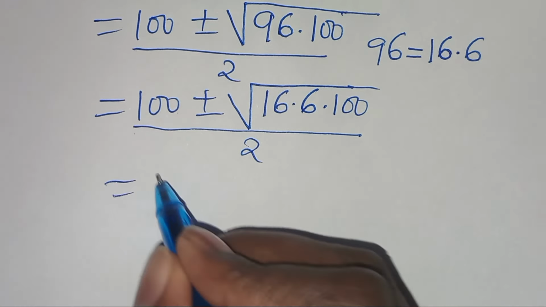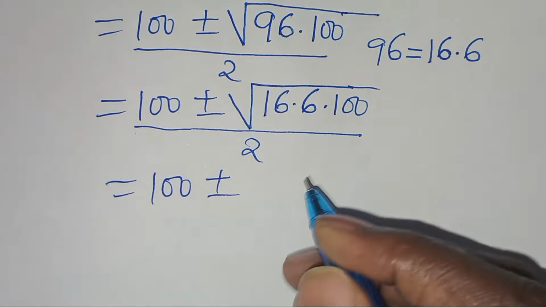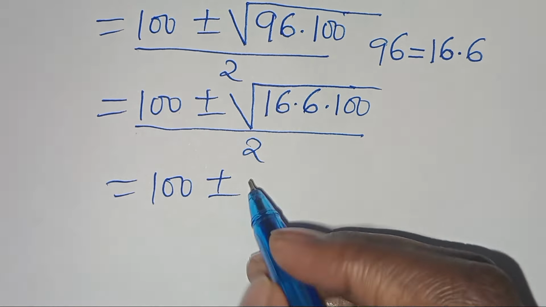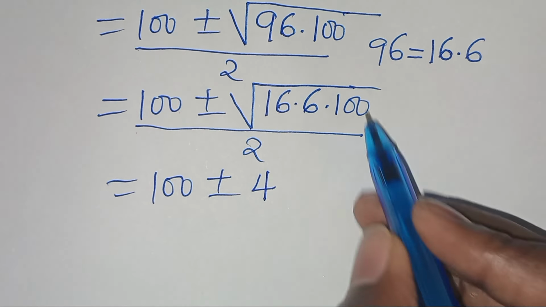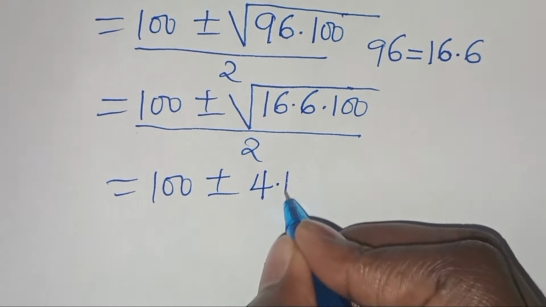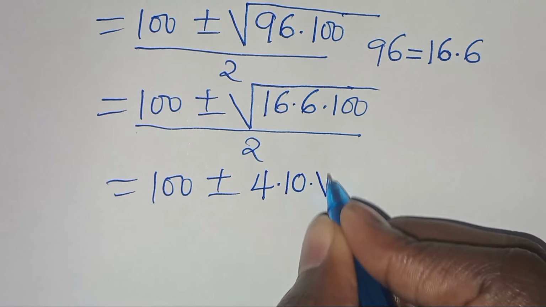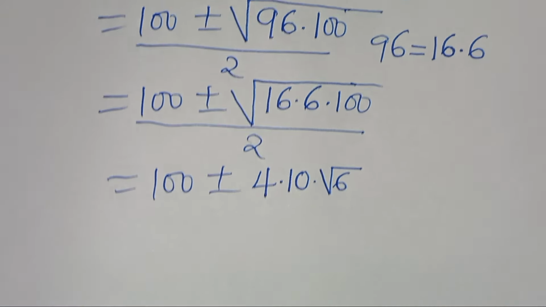So here we have 100 plus or minus the square root of 16, this is 4, the square root of 100, this is 10, then multiplied by square root of 6.